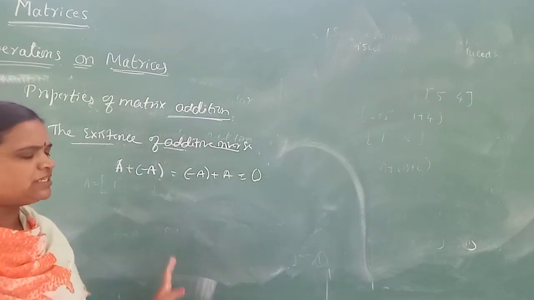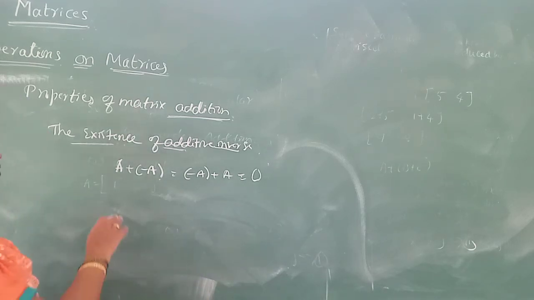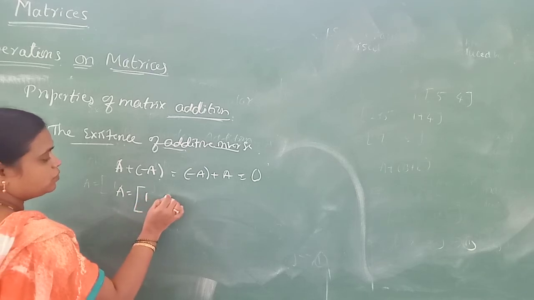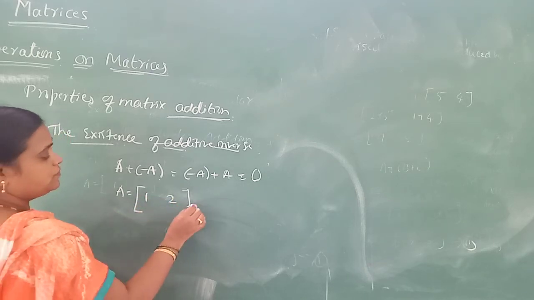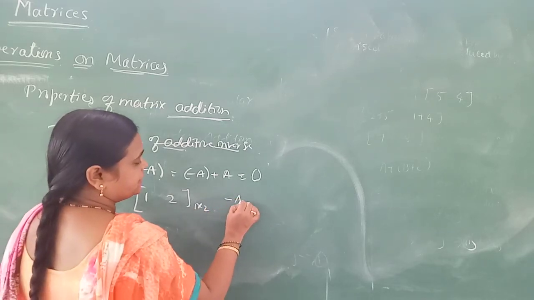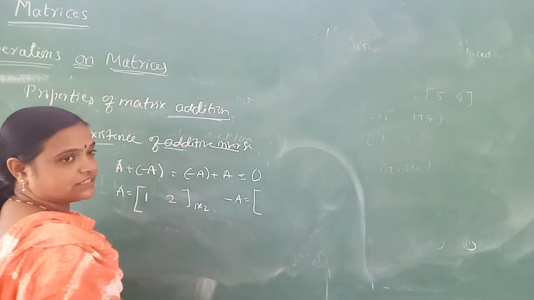What we have done in the binary operation, the same we are using here, but only thing is we are taking A as a matrix. Matrix A is [1, 2], of order 1 by 2. Then minus A. Please concentrate here.